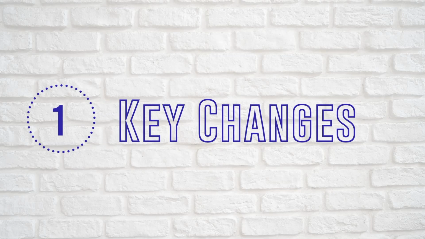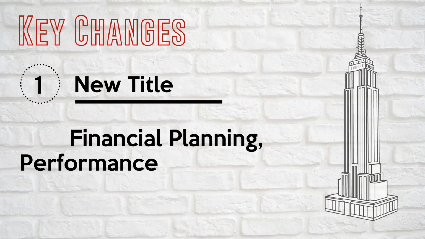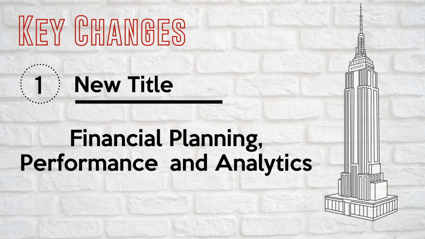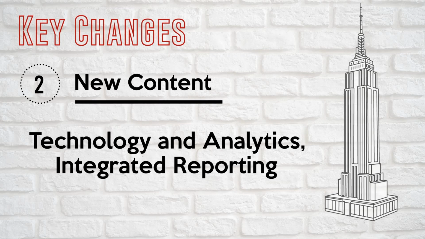So the IMA implemented changes to help ensure that the exam remains relevant to the changing skill set required of accounting and finance professionals. The new title of Part 1 exam is now Financial Planning, Performance, and Analytics. Part 1 of the exam will contain a new section called Technology and Analytics.